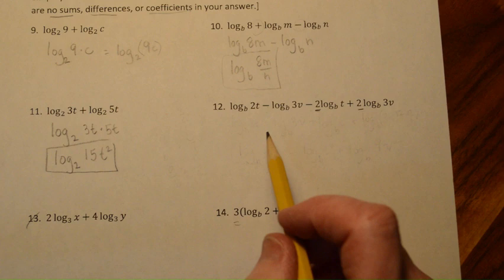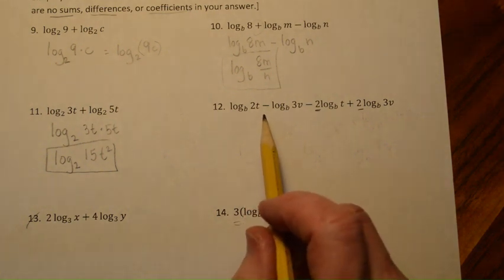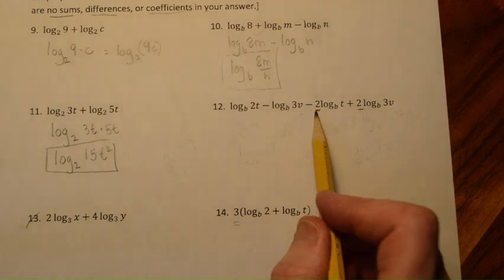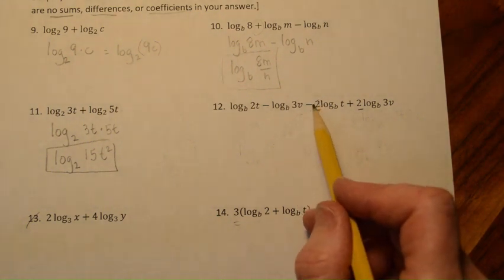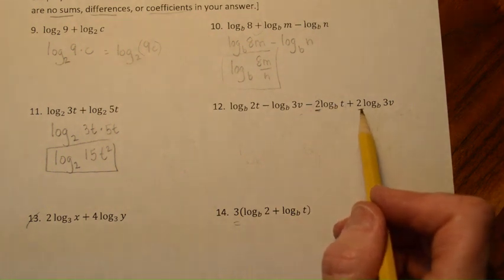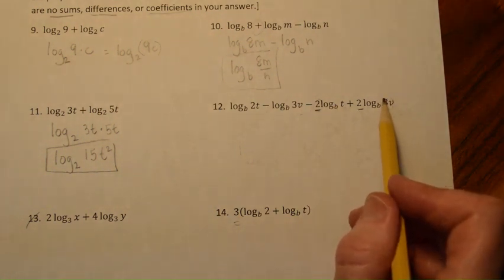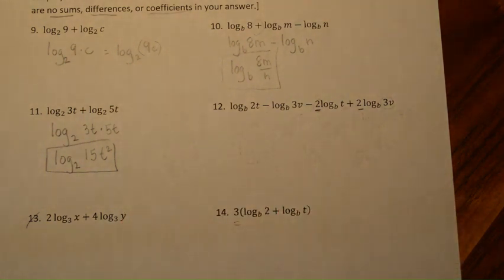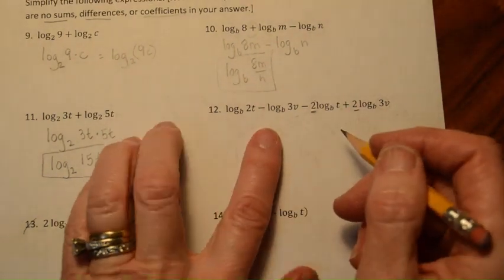As we go through, we're going to do this order of operations, so we're just going to start with these two. Actually, no, let's do this first, because this simply applies to the t. This simply applies to the 3v. So we want to make sure that we put those in first so that we don't end up having them when we're getting ready to do our quotients there.